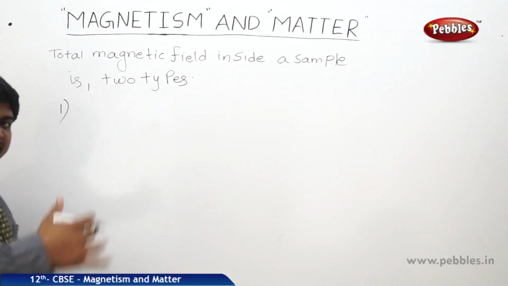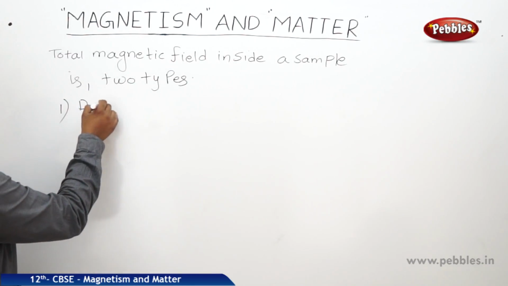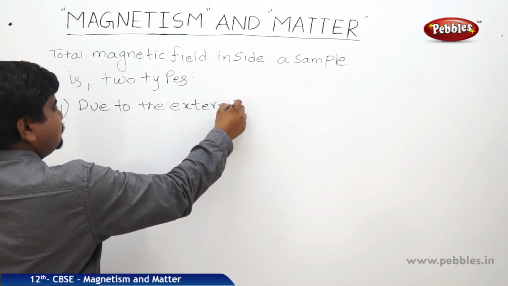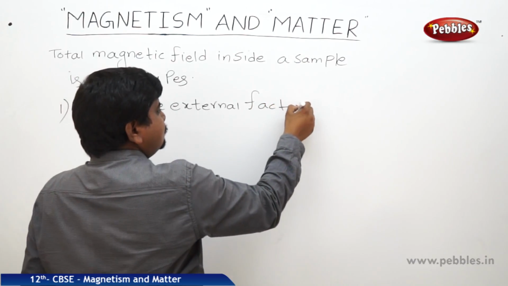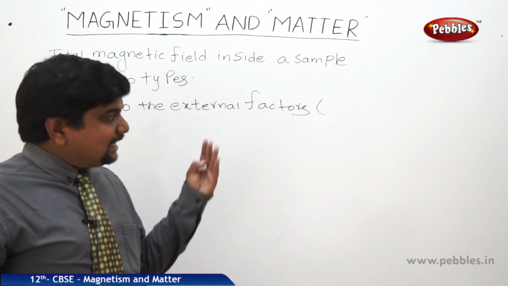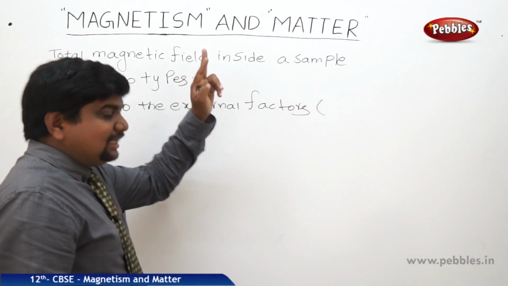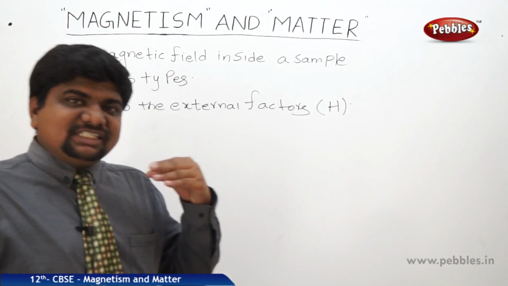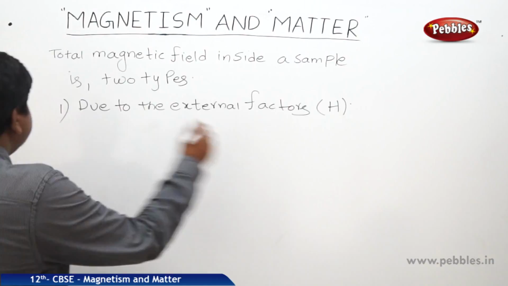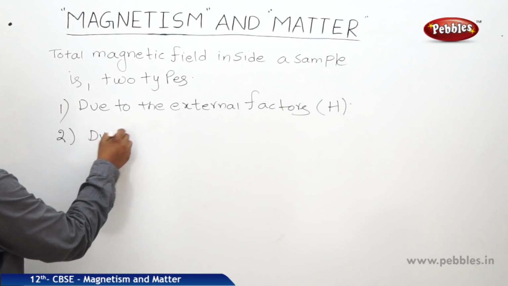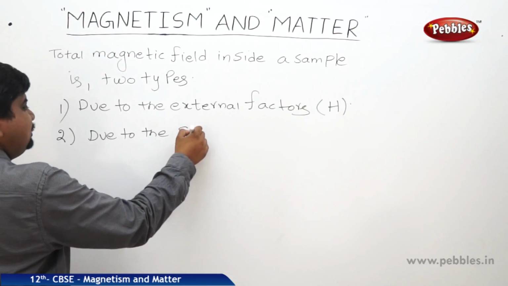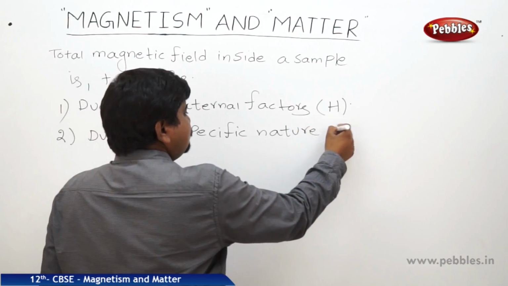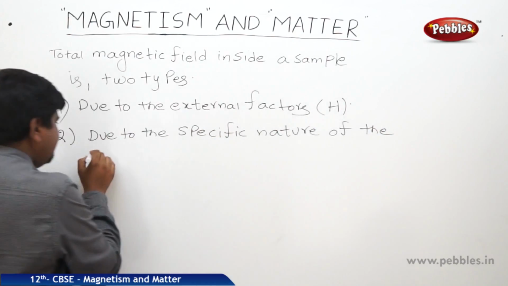One is due to the external factors, which is represented by magnetic intensity, nothing but H. The other is due to the specific nature of the material used.